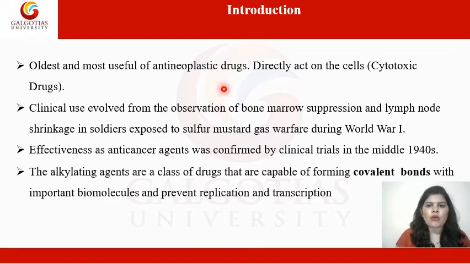Introduction to alkylating agents: the oldest and most useful of the anti-neoplastic drugs, they act directly on the cells, so they are also known as cytotoxic drugs.